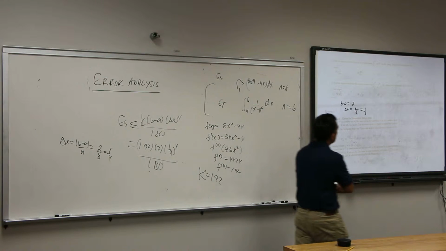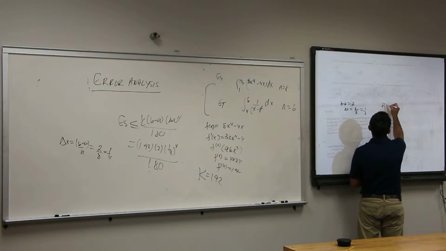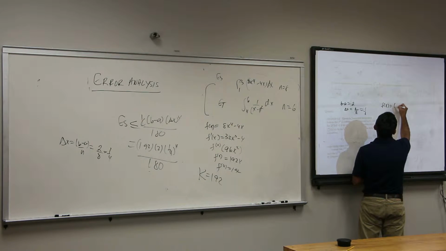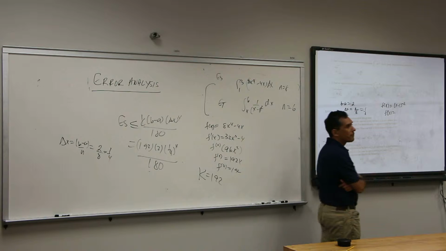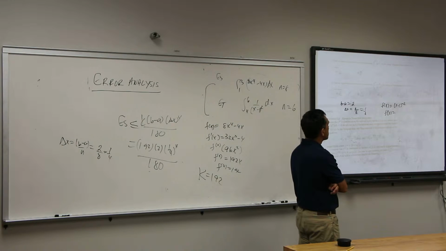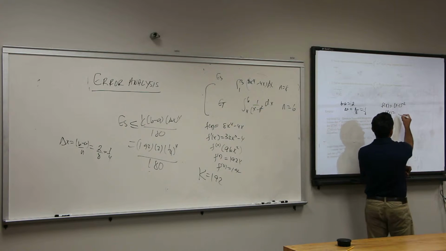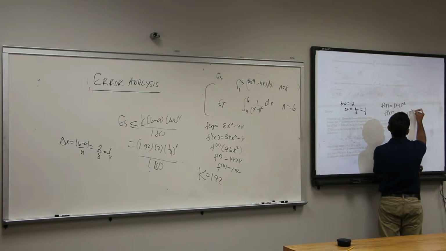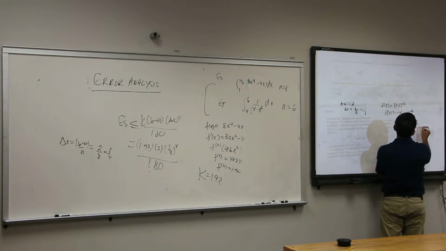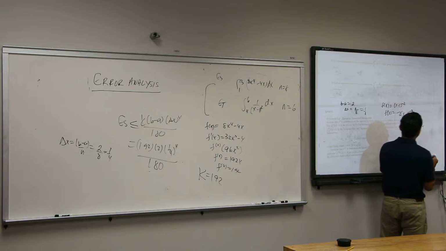And my function is what? What's the first derivative? Negative 2 over x minus 1 to the third, negative 2(x minus 1) to the negative 3. What's the second derivative? 6 times 2 over x minus 1 to the power 4.